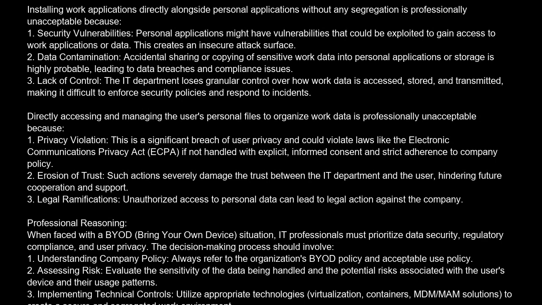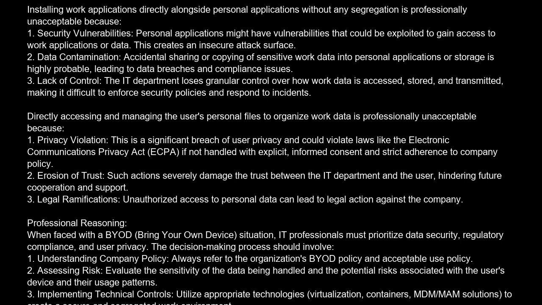3. Intellectual property risk. Company intellectual property could become commingled with personal assets, creating ownership disputes and making it harder to protect proprietary information. Installing work applications directly alongside personal applications without any segregation is professionally unacceptable because 1. Security vulnerabilities. Personal applications might have vulnerabilities that could be exploited to gain access to work applications or data.